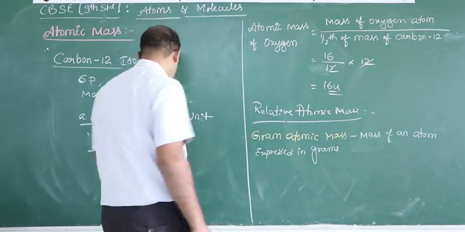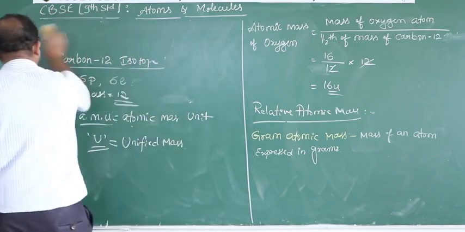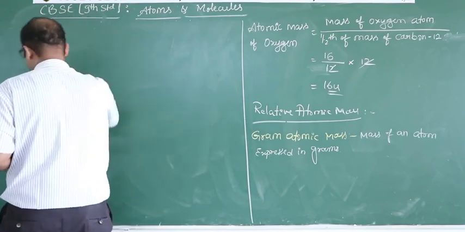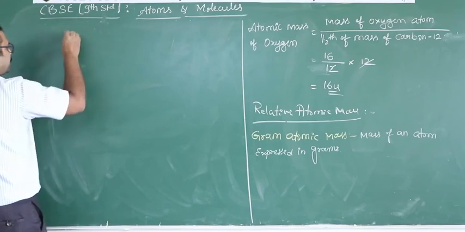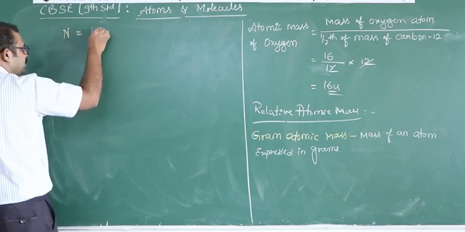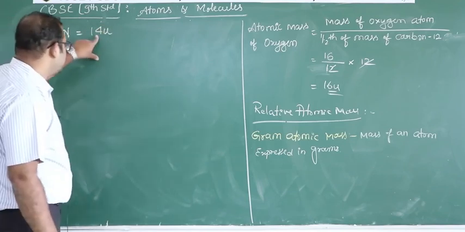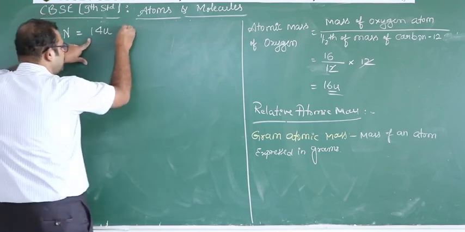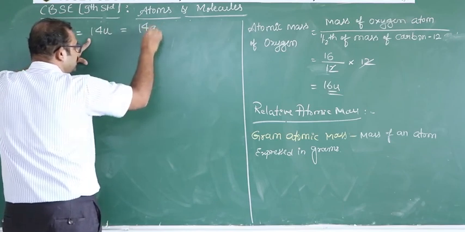Say for example, nitrogen. The mass of nitrogen is 14 unified mass. Just we have to change the unit. 14 is there, but instead of unified mass, we mention grams.